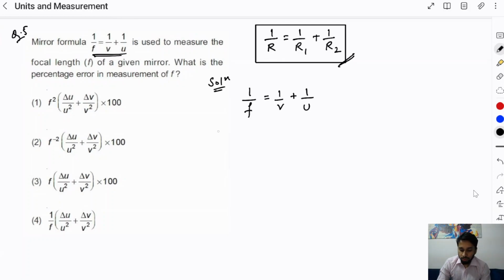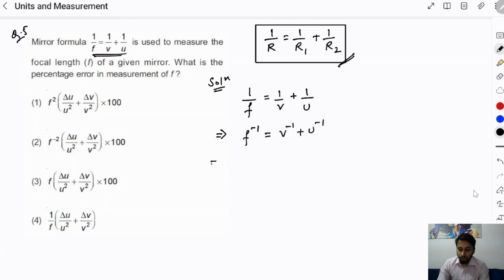Okay, so what we can do here is, we cannot use the combination of error formula that we have directly here. So we have to go by the basics. We basically need to find a relation between small change in F, small change in V, and small change in U. So we can write this as F to the power minus 1 equals V to the power minus 1 plus U to the power minus 1.